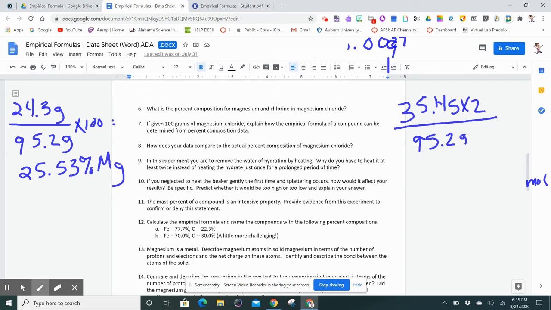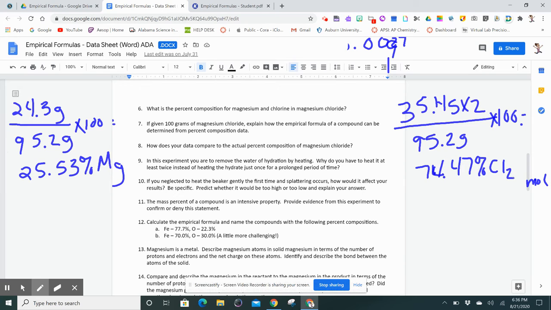That's the molar mass. I'm going to multiply by 100. And that's going to give me 74.47% chlorine.